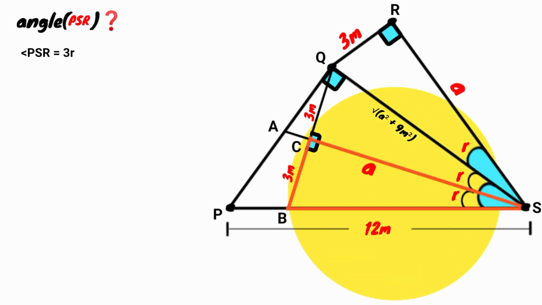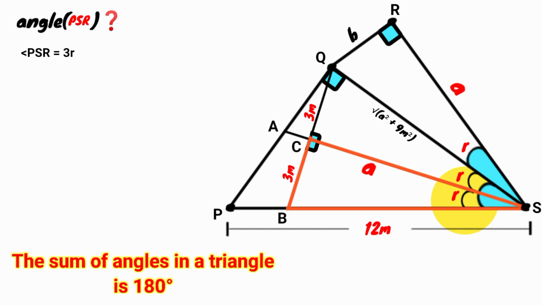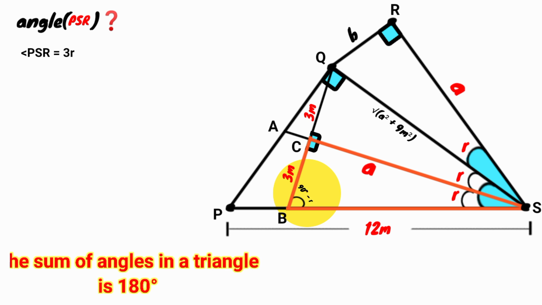We look at this triangle. It is a right angle triangle, and we have this angle to be R. Based on the rule that the summation of angles in a triangle is 180 degrees, this must be 180 degrees minus 90 degrees minus R. 180 minus 90 is 90, so it is 90 degrees minus R.